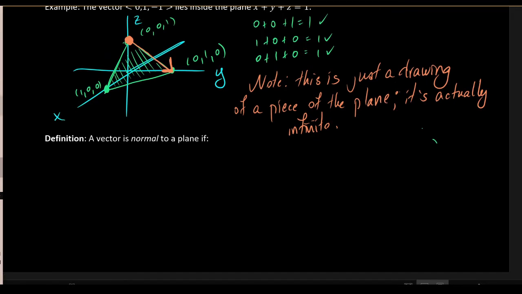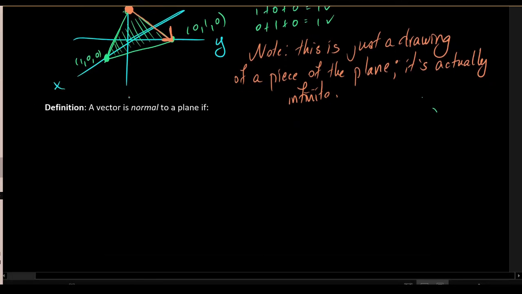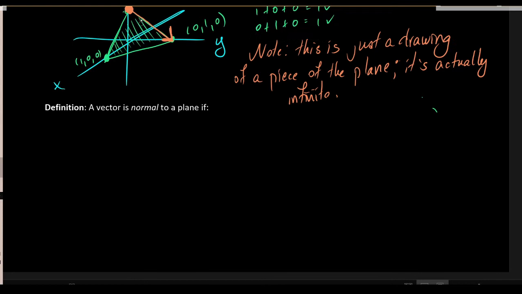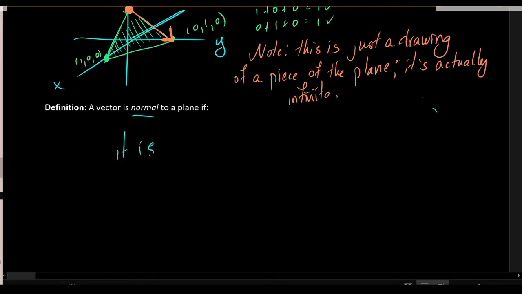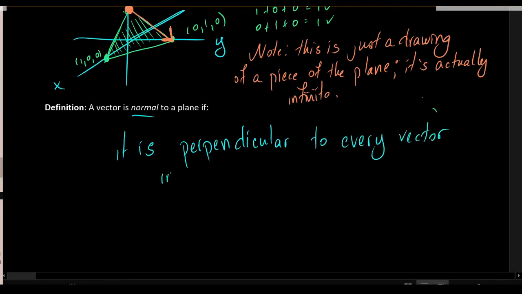Now we can define a vector normal to a plane. In formal terms, this is what we would say. A vector is normal to a plane if it is perpendicular to every vector inside the plane.